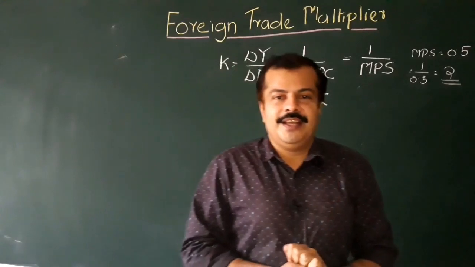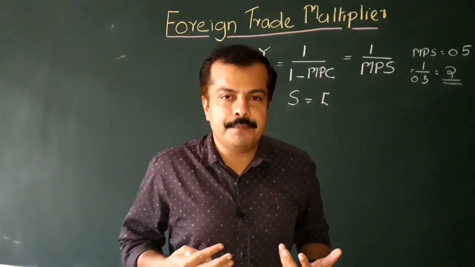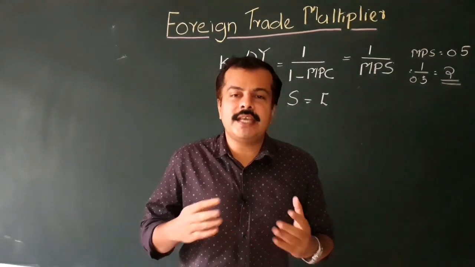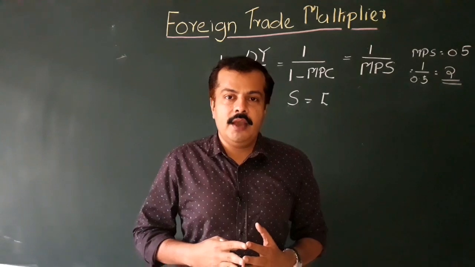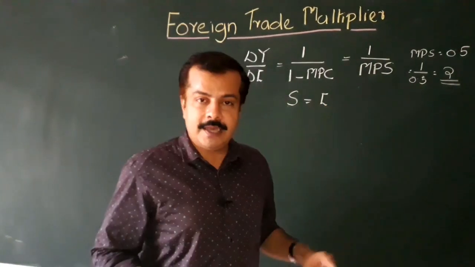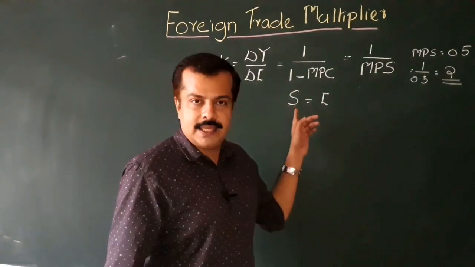Now, let us consider the multiplier in an open economy. When we explore the case of an open economy, we have one more injection along with investment, and one more leakage along with saving.